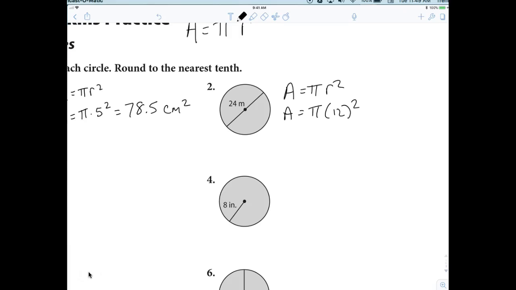And I'm waiting for Abby. 452.4 what? Meters squared. That is correct.